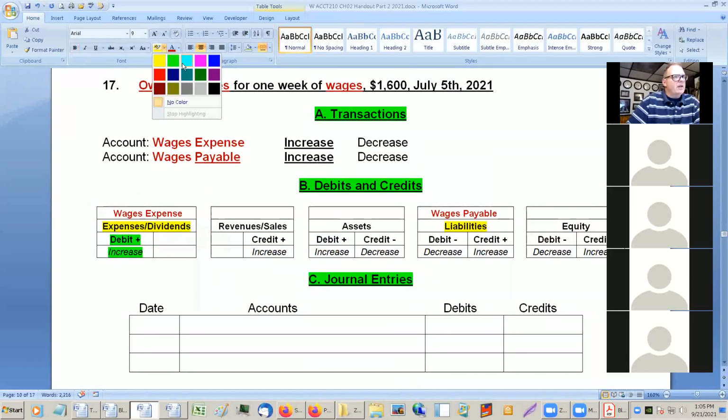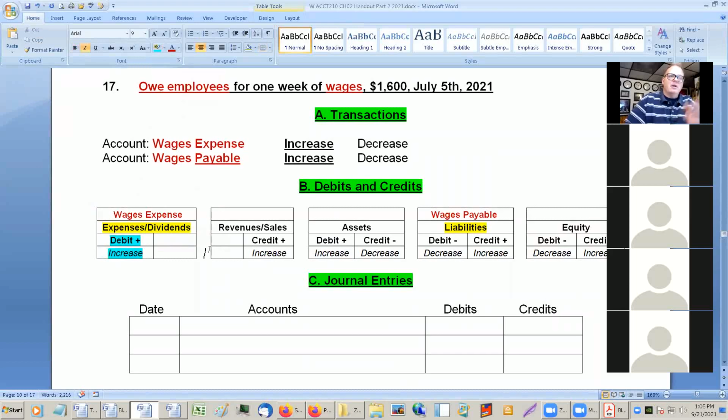You know immediately that it's a debit. Whatever's on the other side, whatever account it is, it's got to be a credit. Now, it is a credit because it's increasing over here, but the nice thing about this is if you're unsure, expenses are always going to be debits.